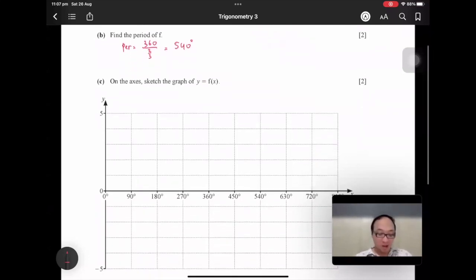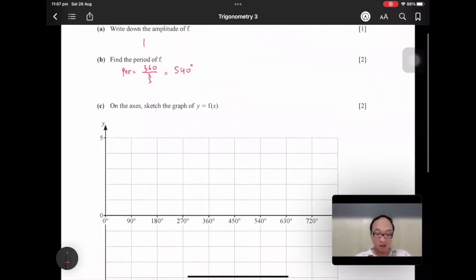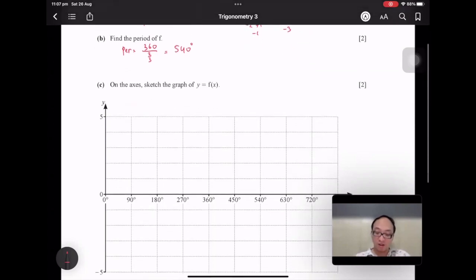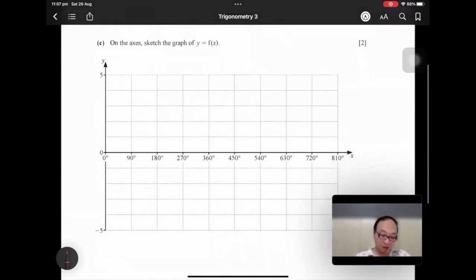On the axis, sketch the graph of y equals f(x). So from here, we have the maximum of -2 plus 1, so this is -1, and the minimum of -2 minus 1, so -3. So it's only between -1 and -3.